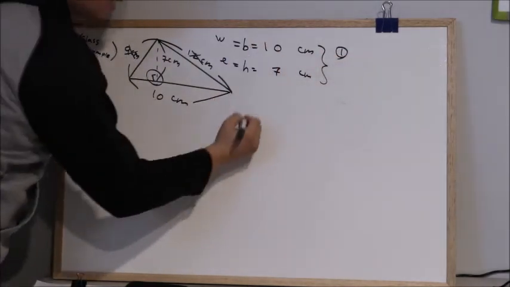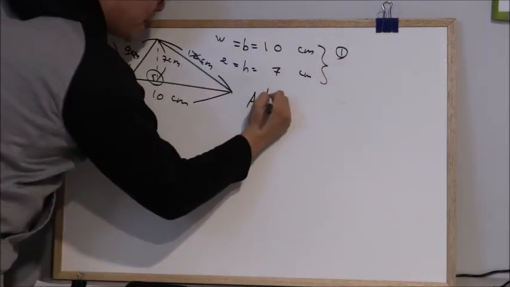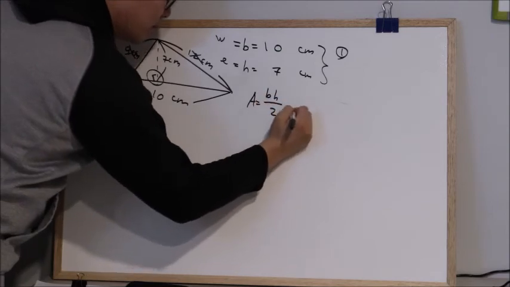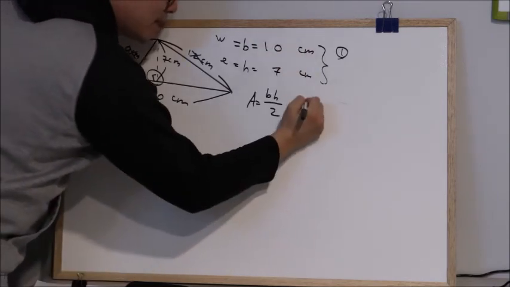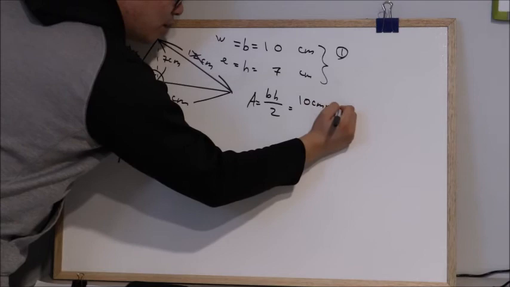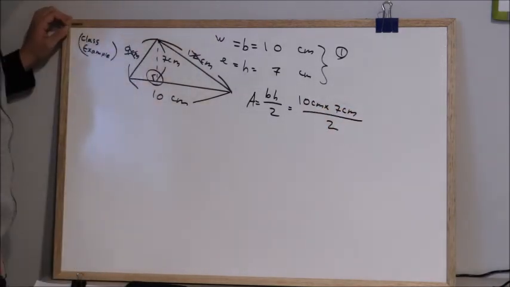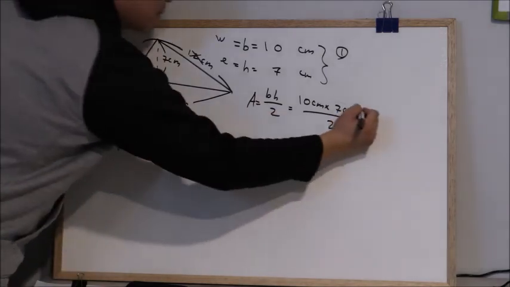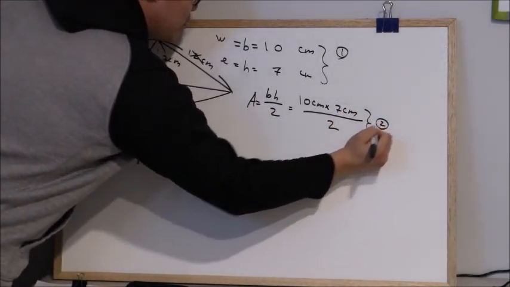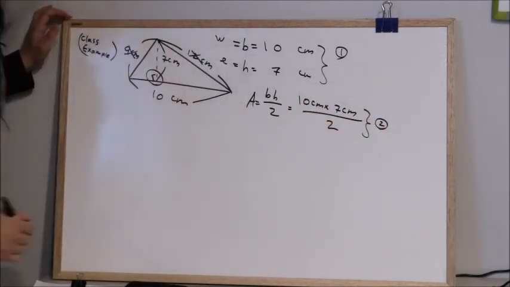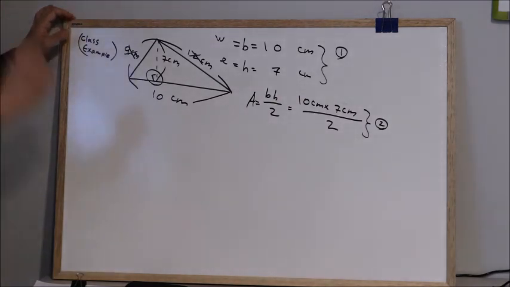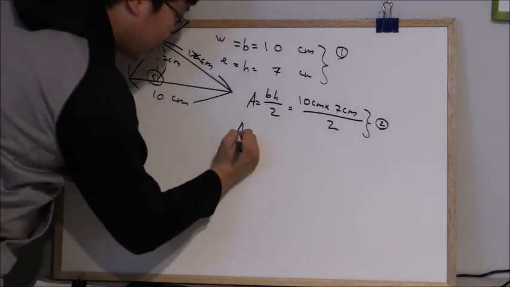Step number 2 is basically your formula. Base times height over 2, where base is 10 centimeter, don't forget the unit all the time, times 7 centimeter divided by 2. That's my second step. I like to say formula and substitution. My third step is now calculator time.